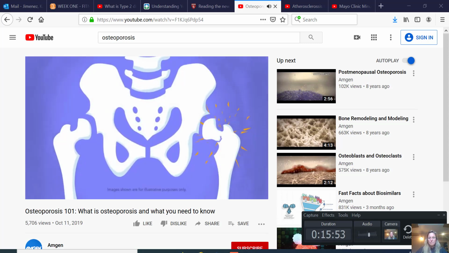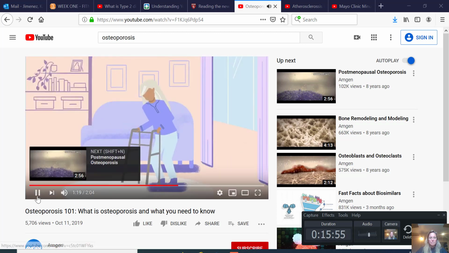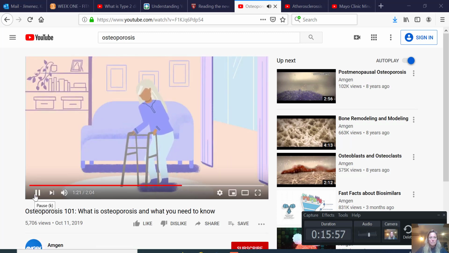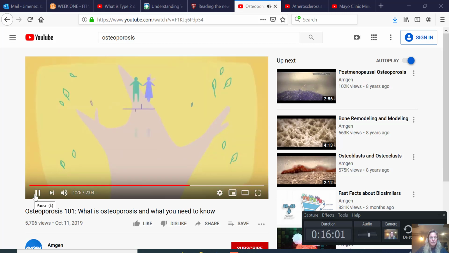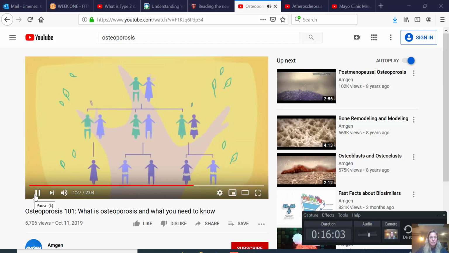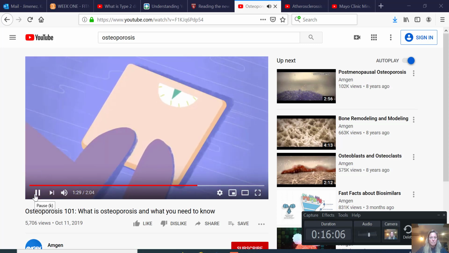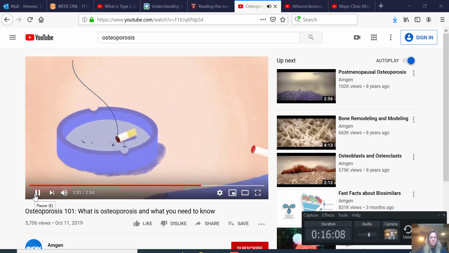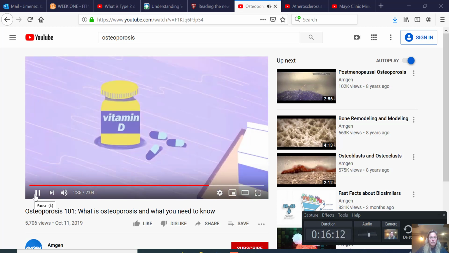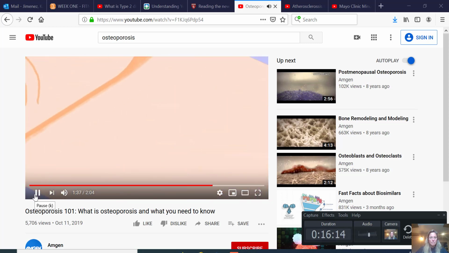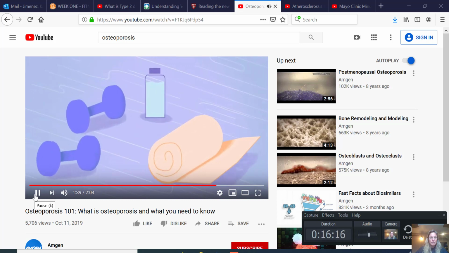Previous bone break as an adult. Advanced age. Low bone mineral density. Parental history of hip fracture. Low body weight. Smoking. You've likely heard that vitamin D, calcium, and weight-bearing exercise can help keep bones healthy.